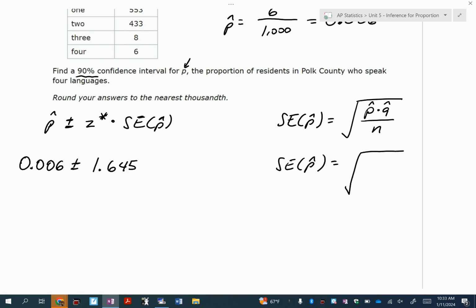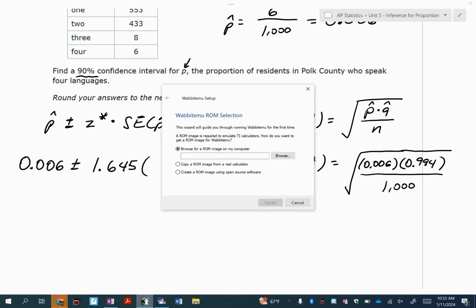All right. So if p hat is 0.006, do you remember how to find q hat? Subtract from 1. So that's going to be 0.994. Again, if you're like, well, how'd you get that? Just subtract it from 1. Okay. All over 1,000. All right, so if I wanted to, I could go in my calculator and multiply these.